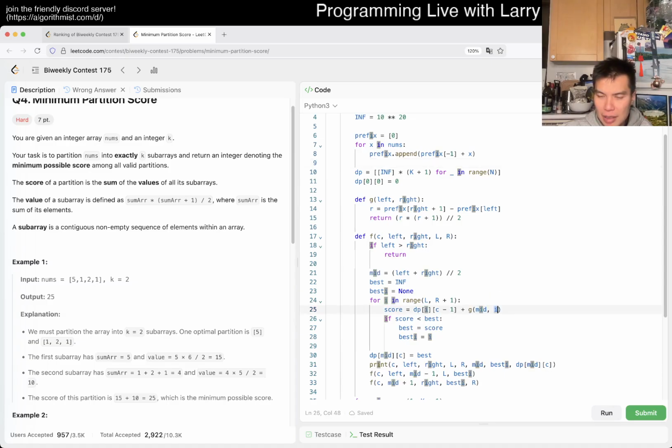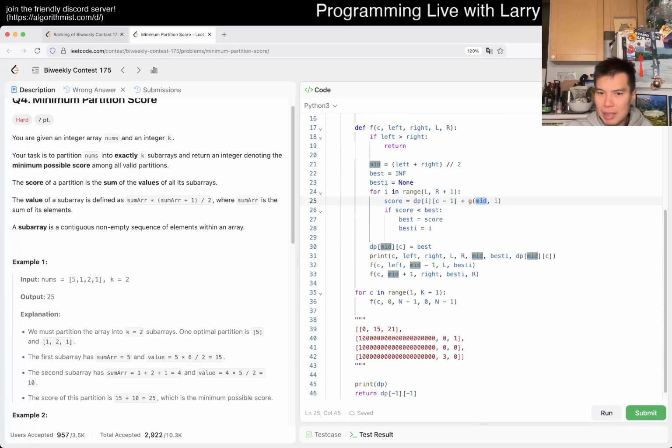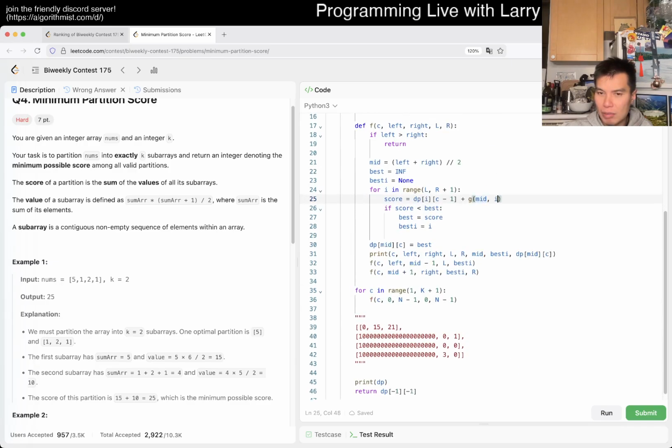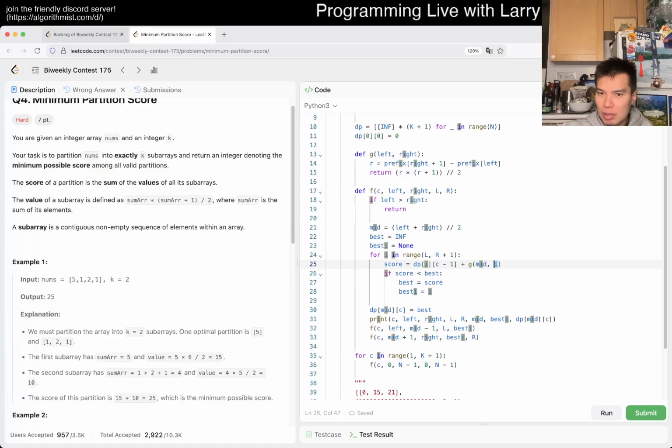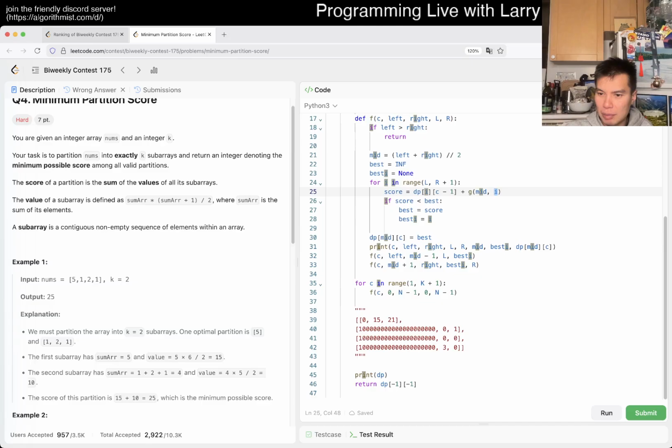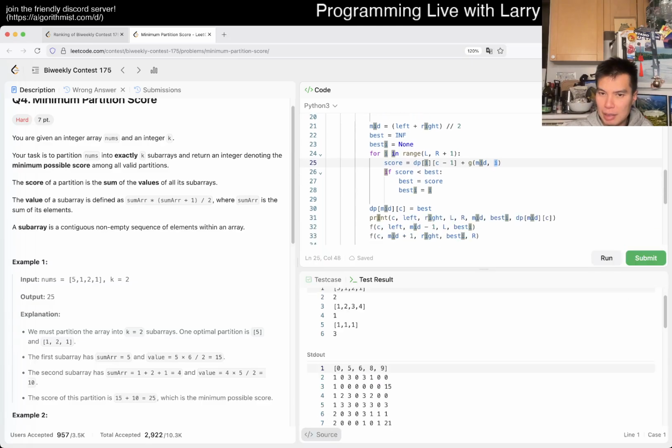Mid, we're trying to solve for mid from, what is I? Do I have to sort this? Okay, well, mid is 2 and I is well 0, because that's what the best is, and we're trying to minimize.